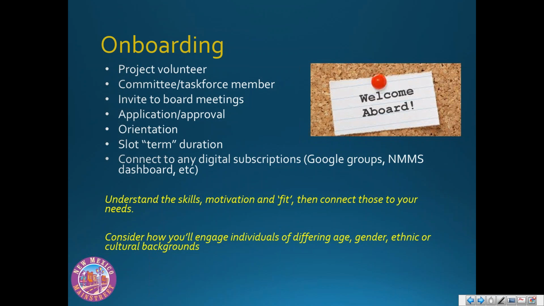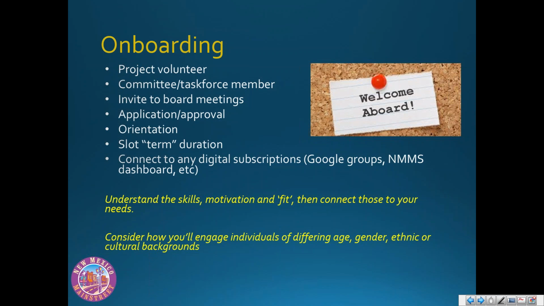And then as part of the onboarding process, make sure that you give that individual a term slot, right? So most of you who are bringing on board members have 2 or 3 year terms, and then you'll have to figure out their start date and their end date in their term, so that it facilitates a really clear understanding about the timing and the beginning and the renewal of board terms as well, right?